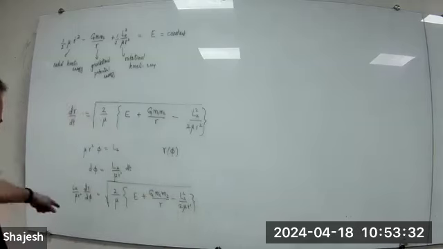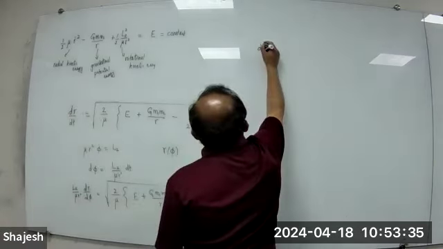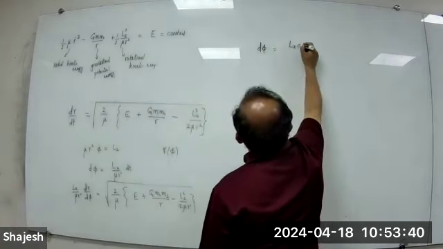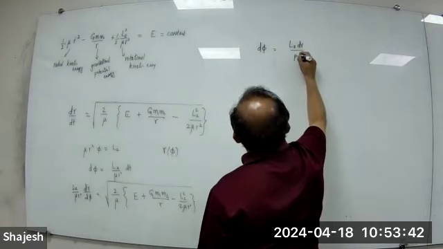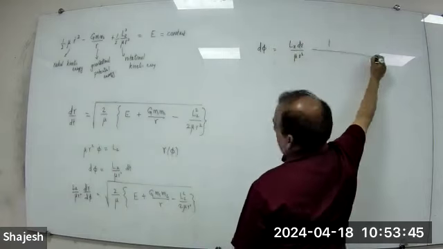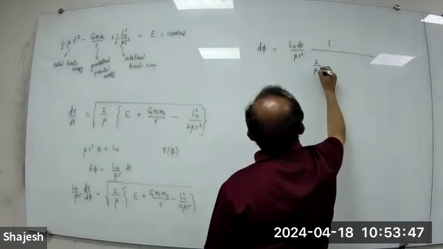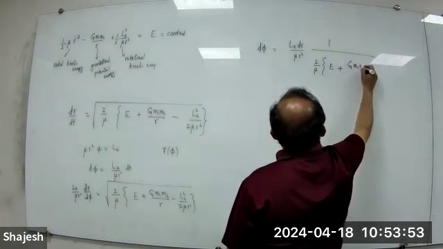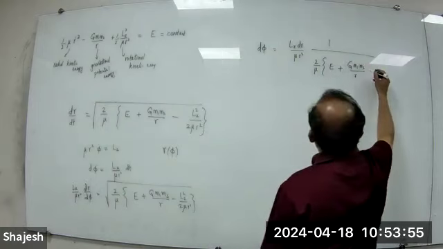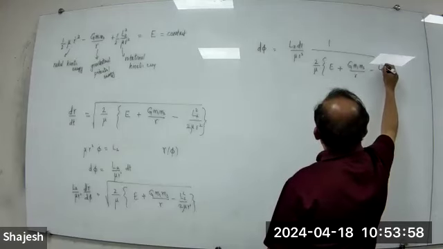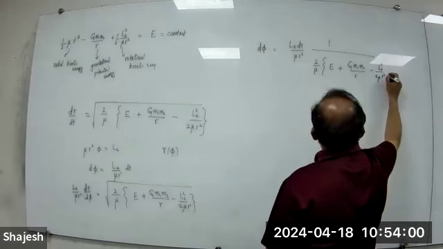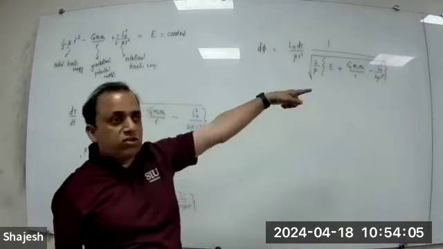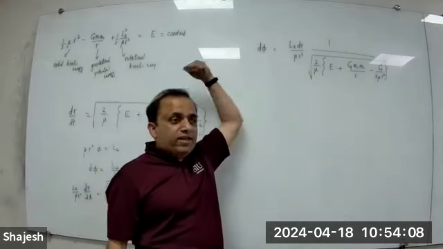We will show that this is doable, because d phi, if you separate variables, gives you 1 over the square root of 2 over mu times energy plus G m1 m2 over r minus L_z square over 2 mu r square. All the r's are on the right and all the phi is on the left.